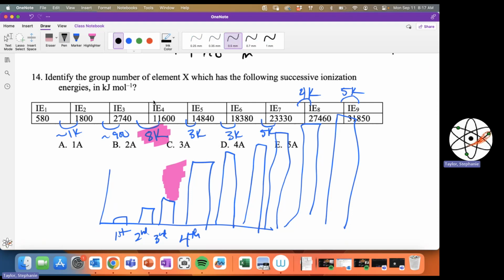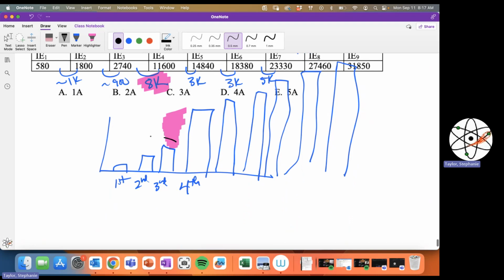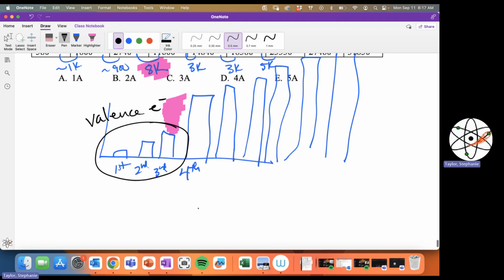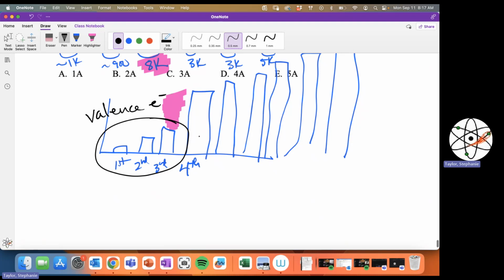What this is going to translate to in ionization energy is that these are actually what we refer to as my valence electrons. So what's happening here is as I'm removing electrons, this is suddenly where we get to the core.